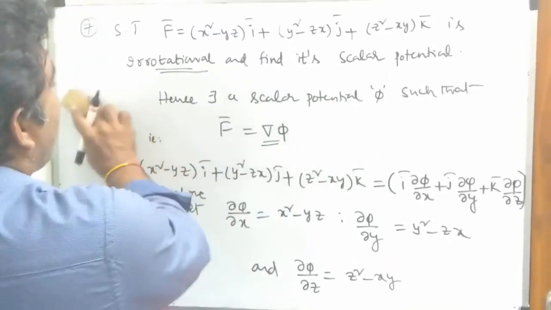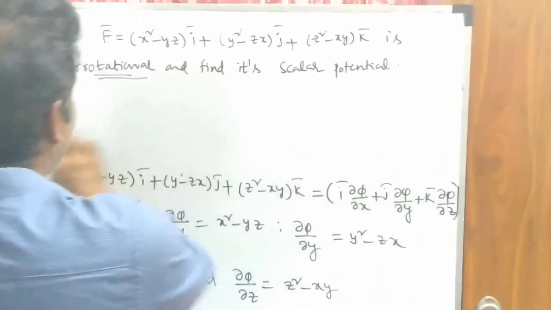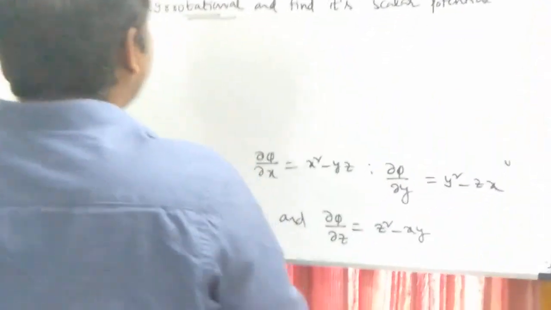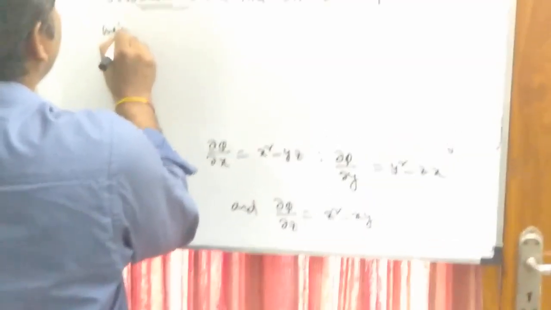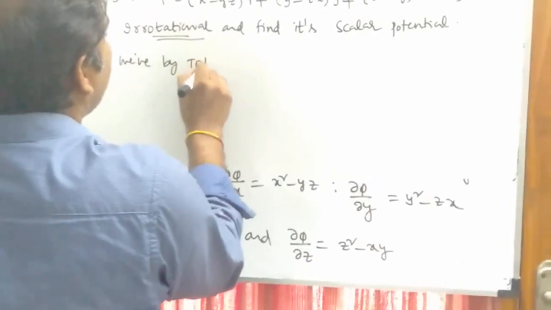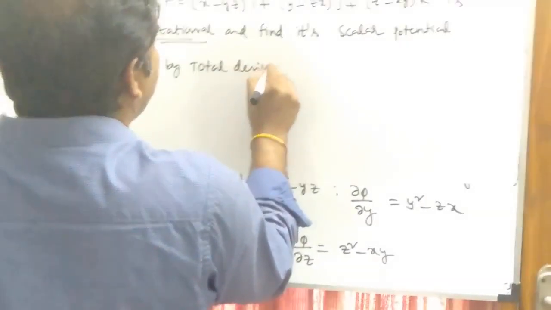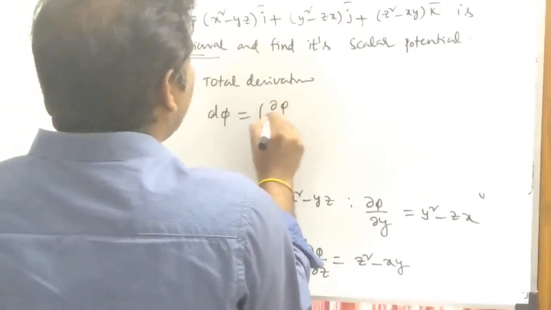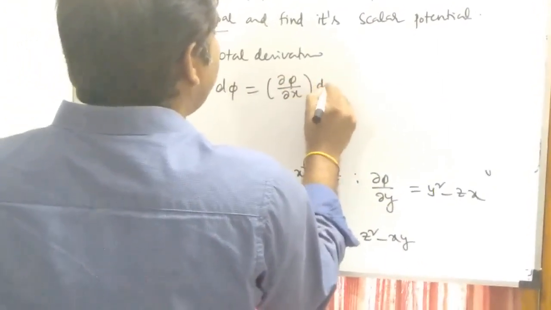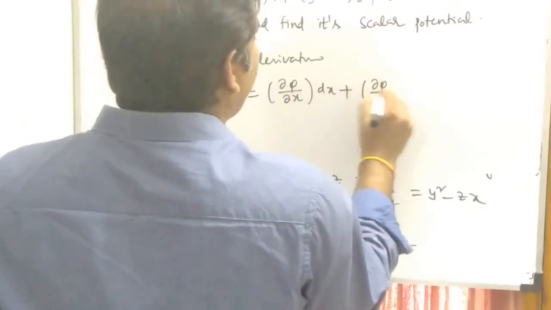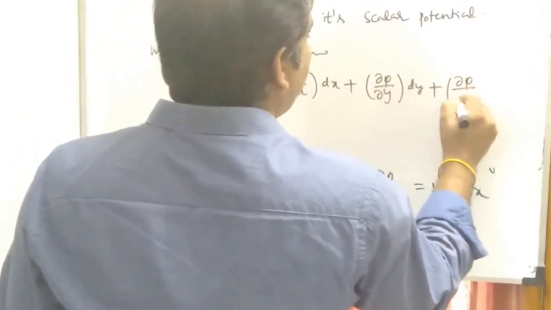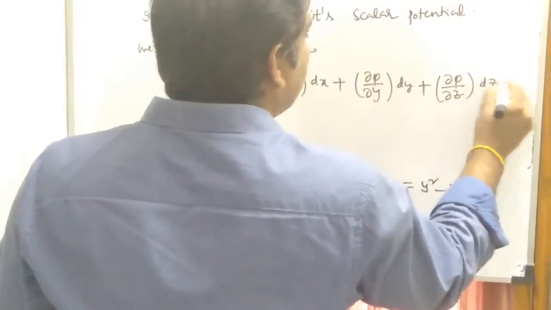Now I use the total derivative formula. By total derivative we have d phi is equal to dou phi by dou x into dx plus dou phi by dou y into dy plus dou phi by dou z into dz.